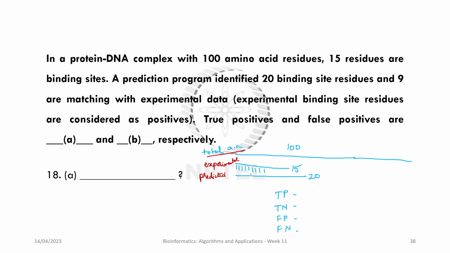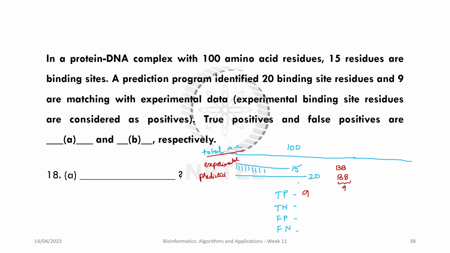Okay. So out of these 15, 9 are matching with experimental. So wherever there is B in experimental, there is B in prediction also in 9 sites. So true positives are 9. So that much we can infer.